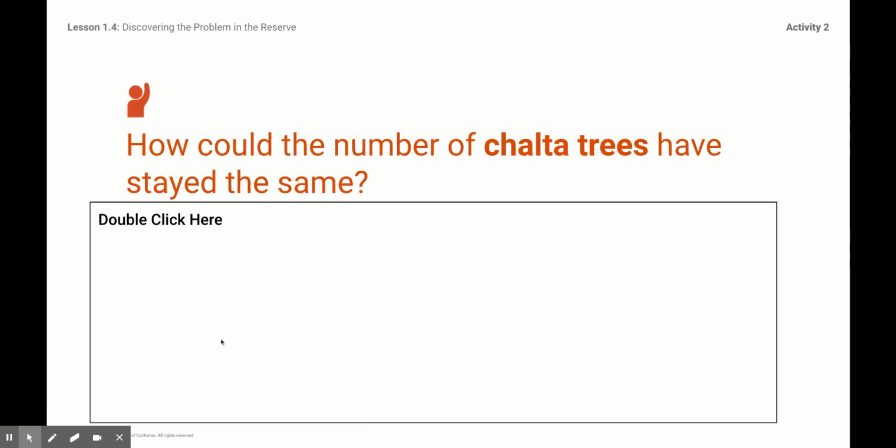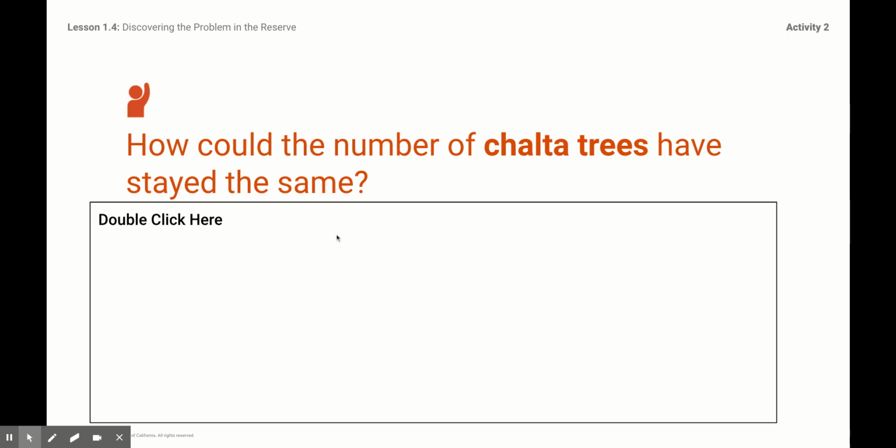And then lastly, you're going to come to this question and you're going to try to answer it today. So you're going to take a really good educated guess on this question here. How could the number of Chalta trees have stayed the same?